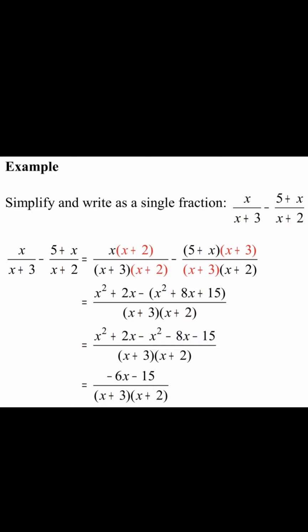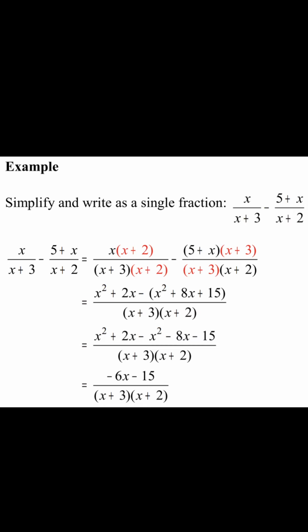Now instead of the addition of 8x and the 15, it becomes a negative, so it becomes minus 8x minus 15, because that's the law of the sign changes when you take the terms out of the brackets. And so that explains that. And of course the denominator remains unchanged.